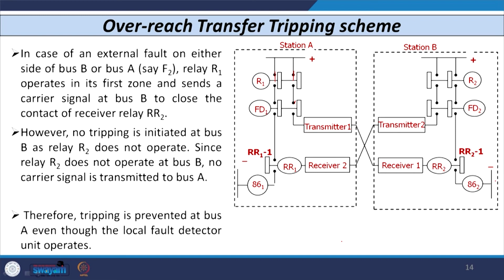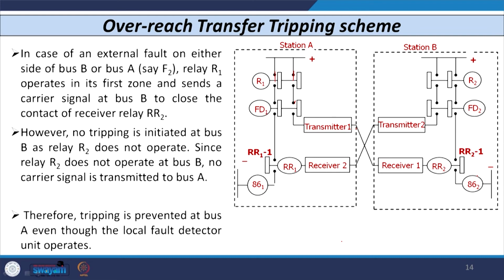Whenever the fault occurs at F1, it will also give a signal through this transmitter, it is received, and this contact becomes closed. Similarly, whenever a fault occurs at F1, this also gives the signal, it is received and this contact closes. So, the tripping is directly given through the auxiliary relays 86.1 and 86.2.